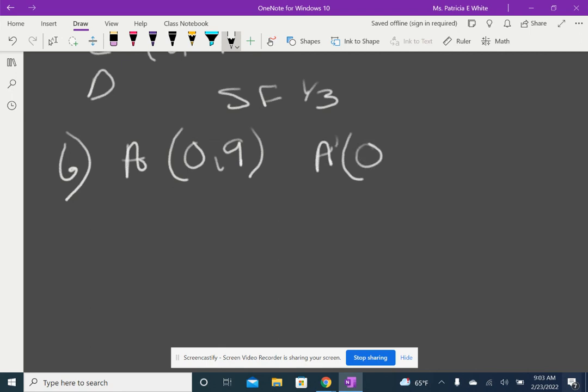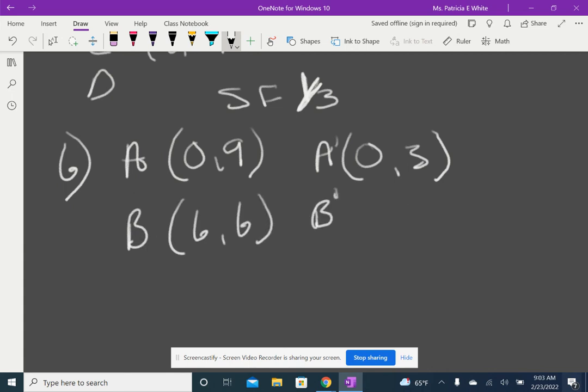Fraction or not, it is 0, right? And then 1 times 9 is 9, divided by 3 is 3. B is 6, 6. B prime, 6 times 1 is 6, divided by 3 is 2. And 2. Okay? I'm going to leave the rest of that for you.